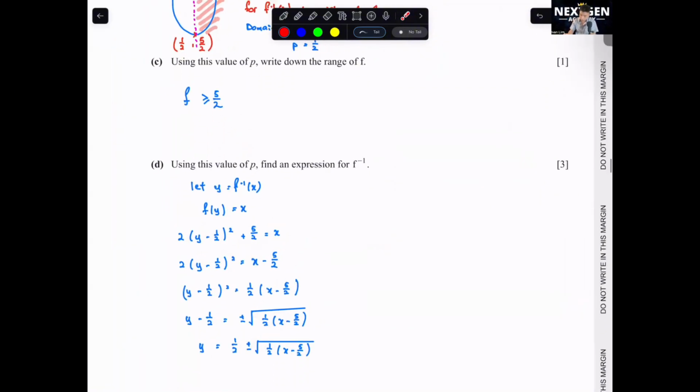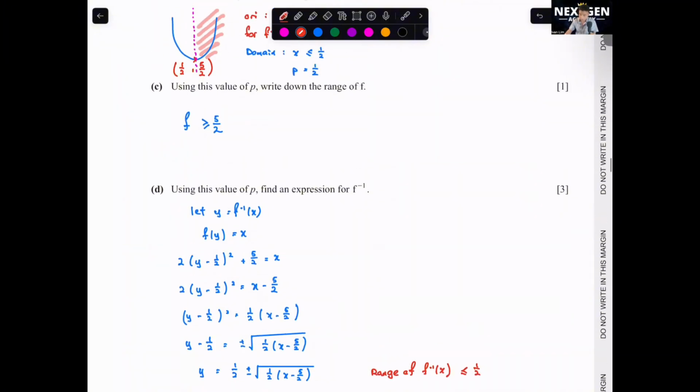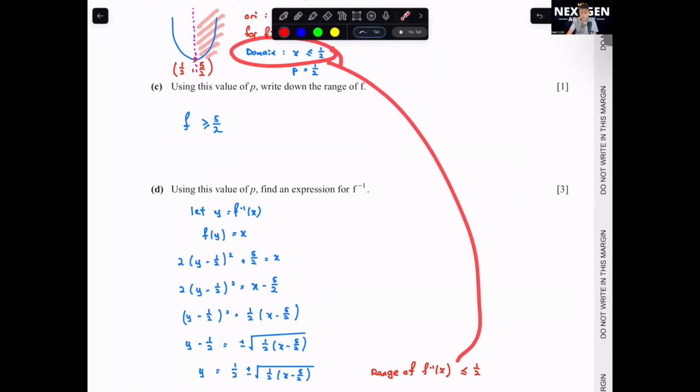Okay, so what is the range for f inverse x? Let's write this down first. Range of f inverse x will be less than or equals to 1 over 2. Okay, why? Because it will follow the domain of the f(x) graph, the x of the f(x) graph.